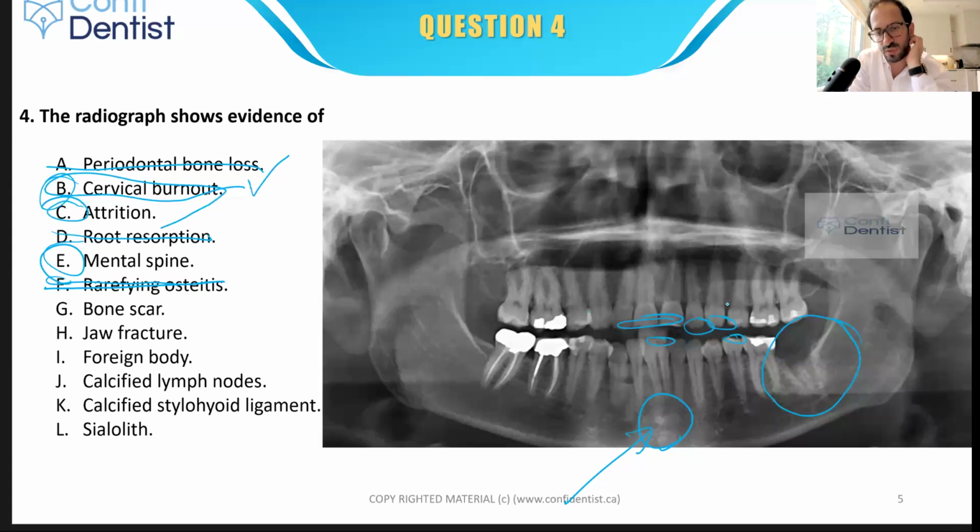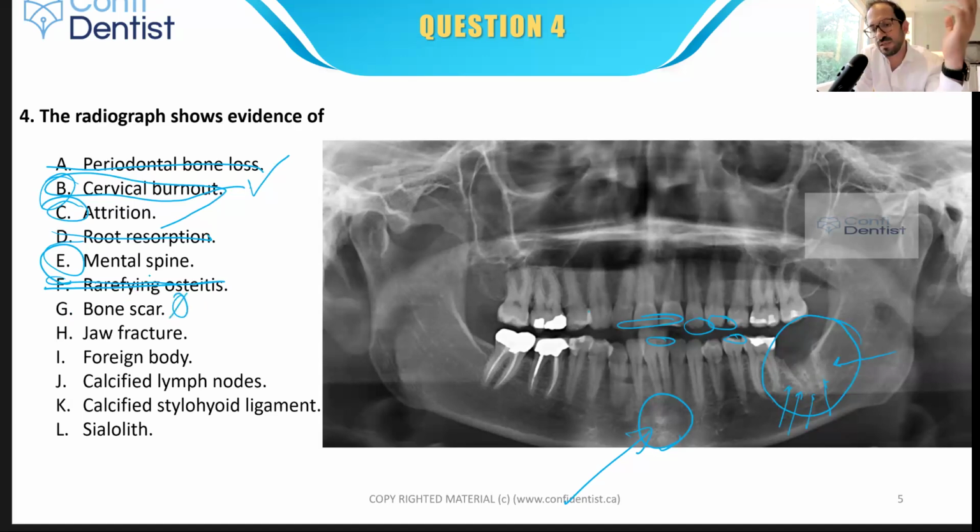So bone scar is radiopaque, and I can see radiopacity here. You have increased radiopacity over there. Okay. So the answer to this question is bone scar, for this is a neutral option.